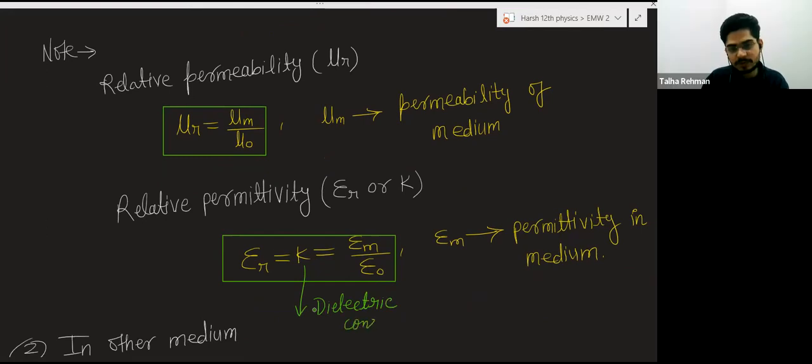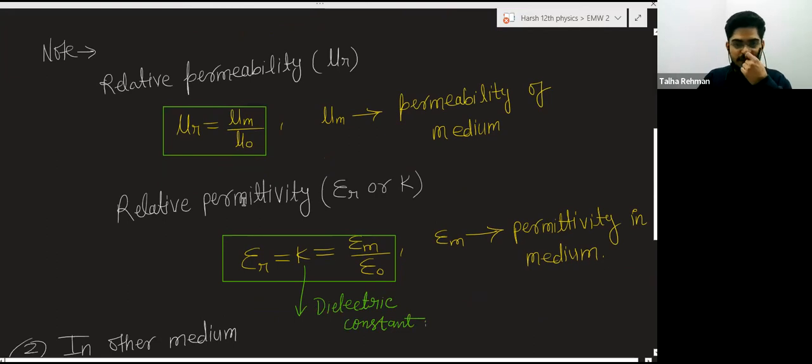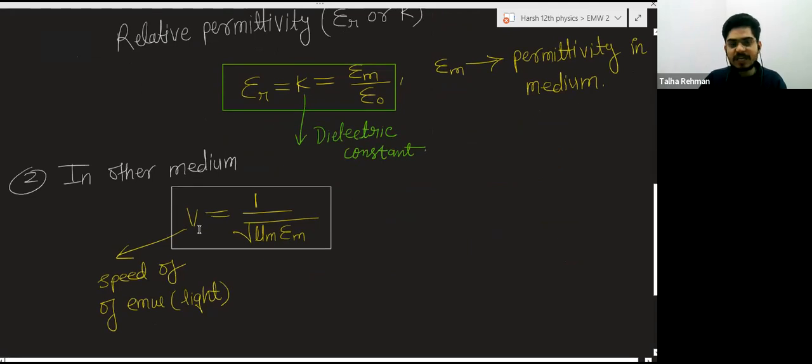And what is relative permeability? Permeability of medium divided by permeability of free space. What is the relative permittivity? Permittivity of medium divided by permittivity of free space. And dielectric constant is also known as the relative permittivity. So in another medium, the speed of the electromagnetic wave is this.